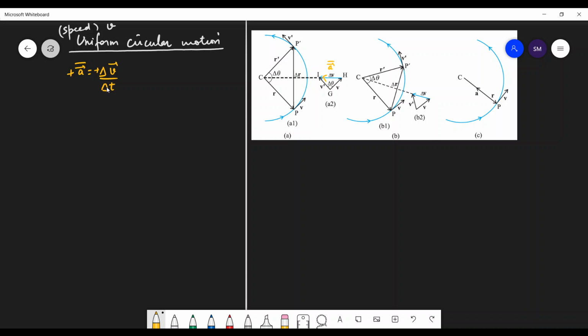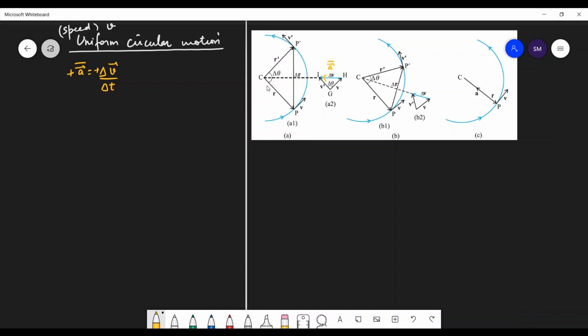And this delta v, this direction is bisecting this angle delta theta. So if it is bisecting this angle, it means that this is also perpendicular, so this is the chord, so this will pass through the center.